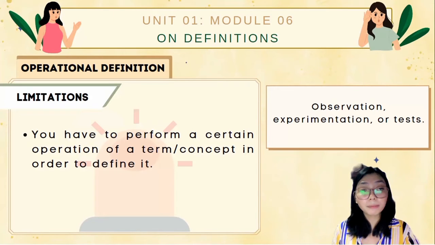If after performing the operation it does not meet the expected observation, then we can say that it is not a member of the extension of the concept or the term. Basically, the limitation in this is the fact that you must perform an operation in order to confirm the definition of the term.